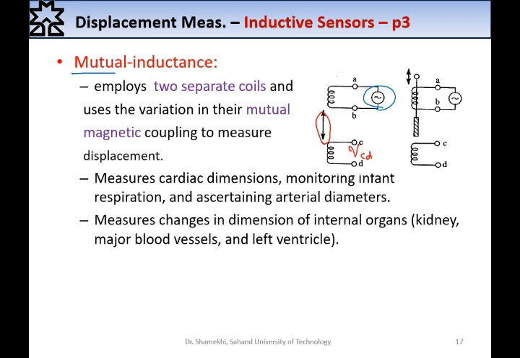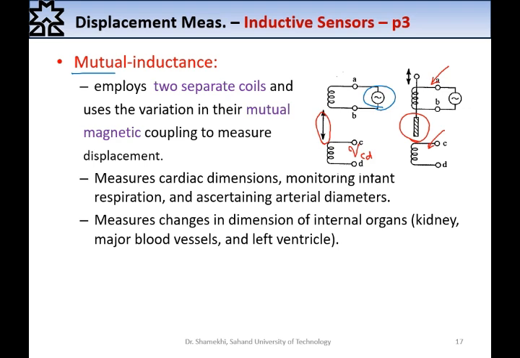Also, we can fix the coils, but use a magnetic core within these two coils. If this magnetic core is shared equally between these two coils, primary and secondary, we have maximum induction between the two coils.